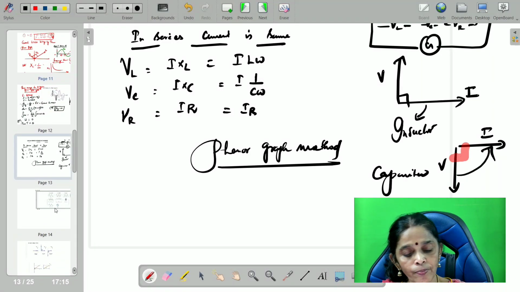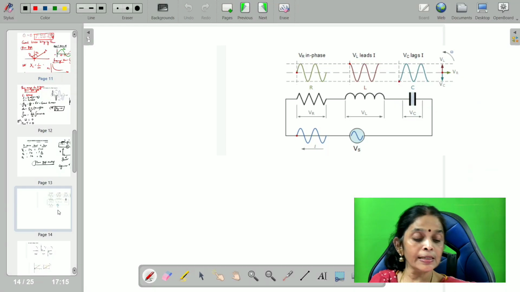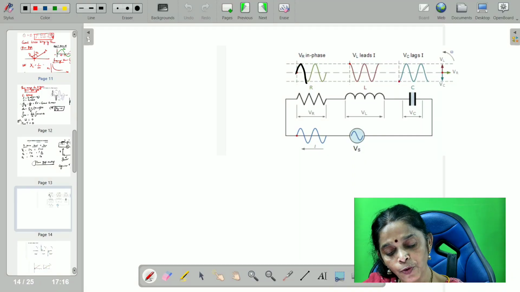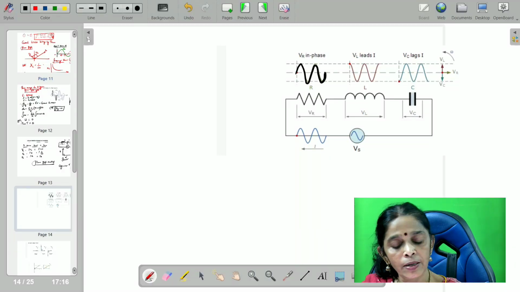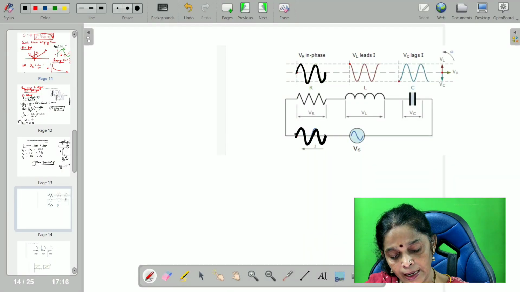So, check here. Now, these are the three elements: resistor, inductor, capacitor. Check here. V is in phase. There is no difference, because whenever V is starting, current is also starting. So, VR is in phase. This is current. This is voltage.